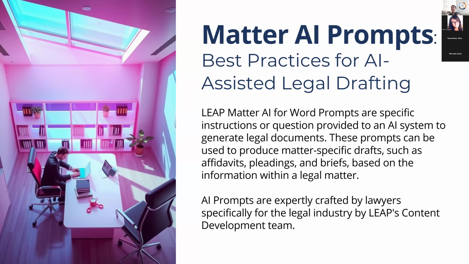They are specific instructions or a question provided to Matter AI that ask it to generate a legal document or a letter that can be used for your matter. They can also be used to produce matter-specific drafts, such as affidavits, pleadings, and briefs, based on the information within the matter that you've opened.